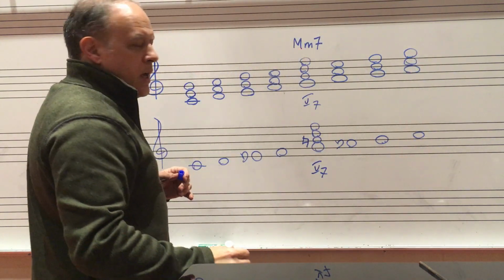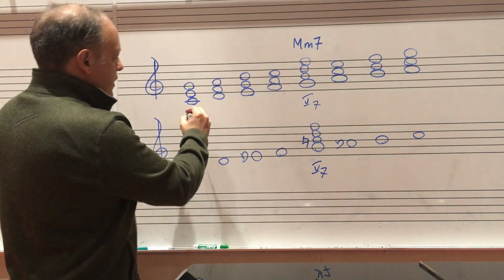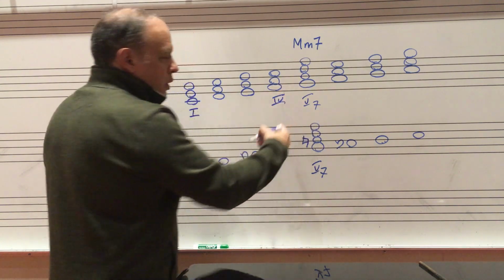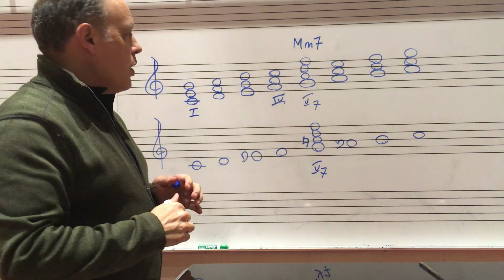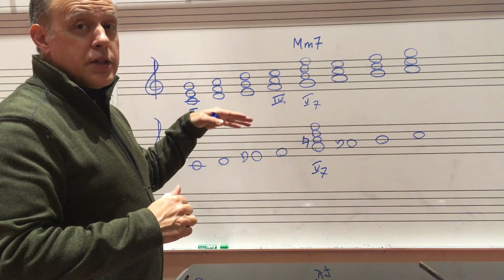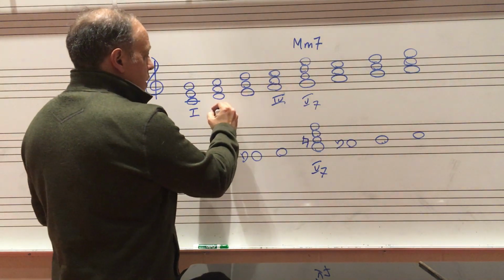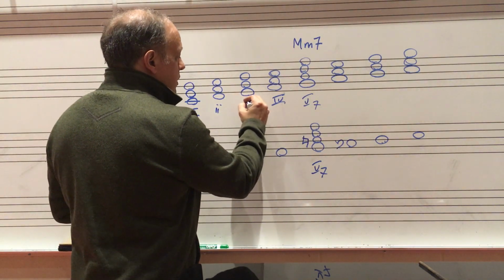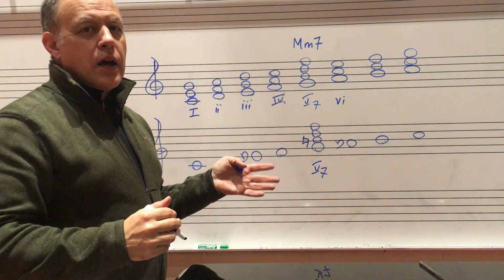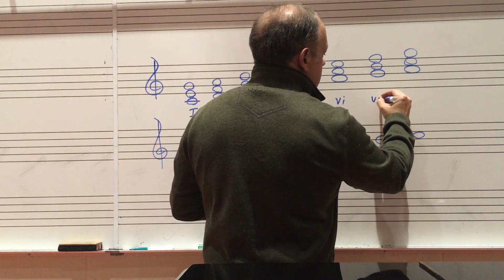For example, if I took triads and built them on scale degrees 1, 4, and 5, in a major key, those are always major in quality. Correspondingly, if I built triads on scale degrees 2, 3, and 6, those were minor in quality. And of course, to that, I could add the diminished triad on scale degree 7.